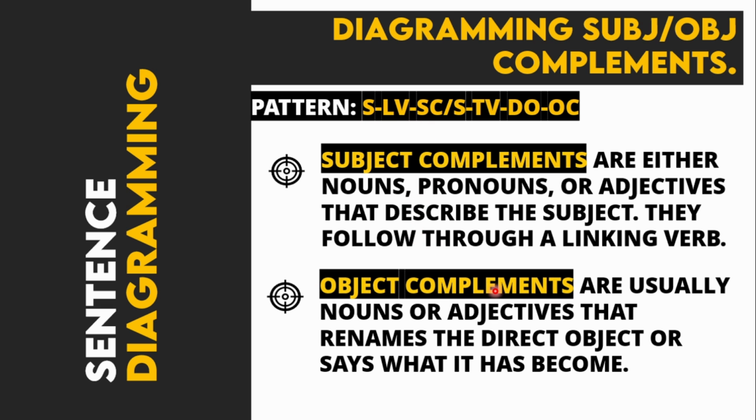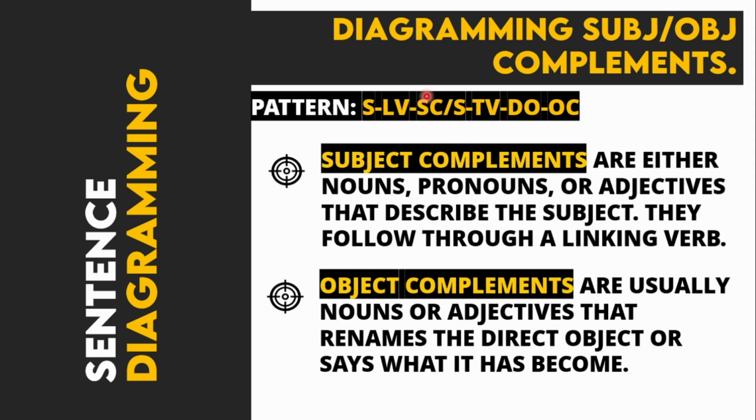Meanwhile, object complements are usually nouns or adjectives that rename the direct object or say what it has become. So in the first part, subject complements describe the subject, meanwhile object complements describe the direct object.